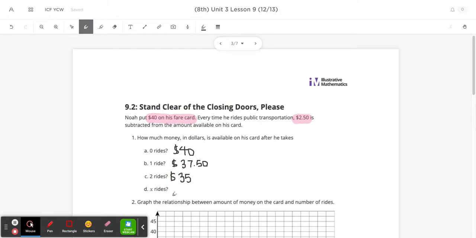And after x rides, he would have $40 minus however many times he's ridden times $2.50, which we can write as $2.50x. What this $2.50x means is simply that if we multiply the number of times he's ridden SEPTA, x, by $2.50 per ride, we see how much money he has left over.